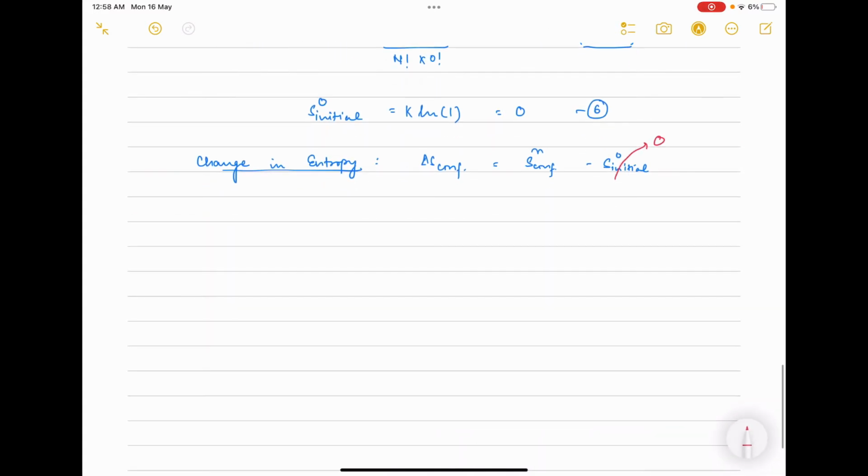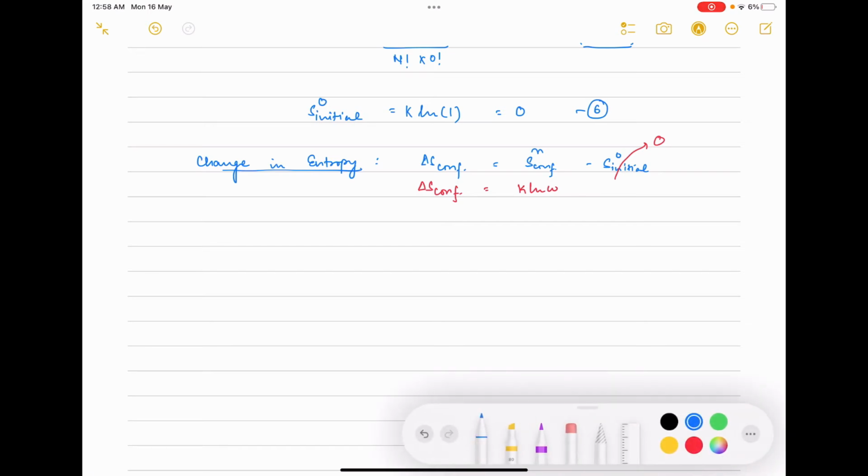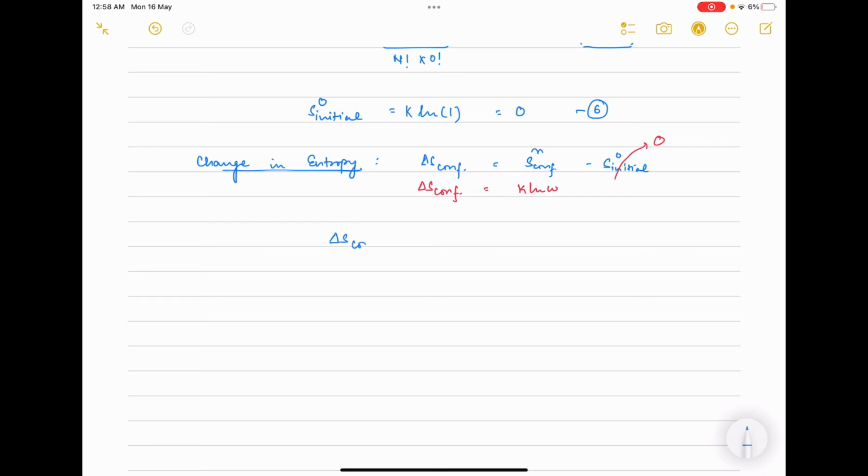So we are left with delta S configurational is equal to k ln omega. So delta S configurational is equal to k ln of (N plus n) factorial divided by N factorial times n factorial.